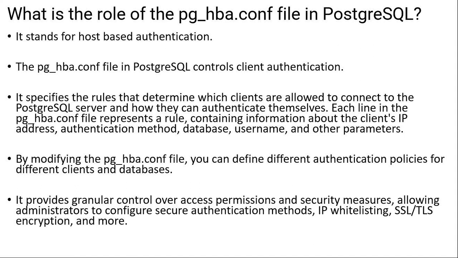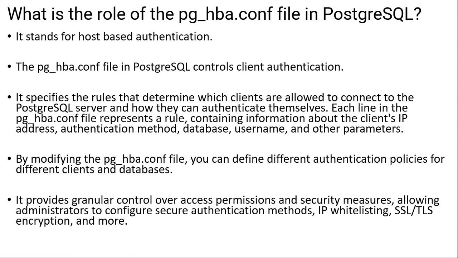Host based authentication, this stands for host based authentication. The pg_hba.conf file in Postgres controls client authentication, meaning how an application is connecting, locally or remotely. So we have to just change the config.